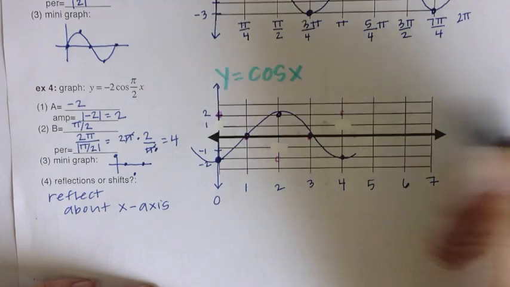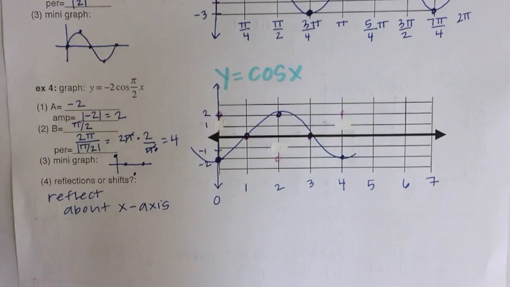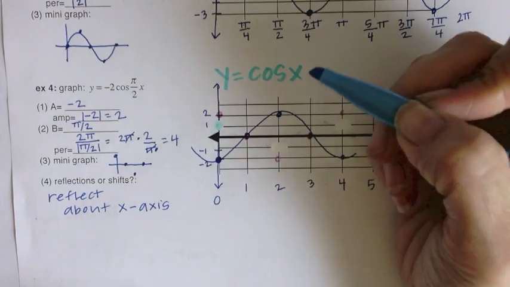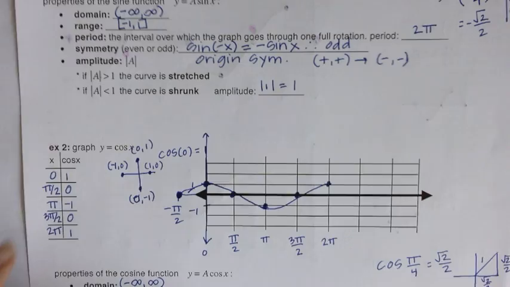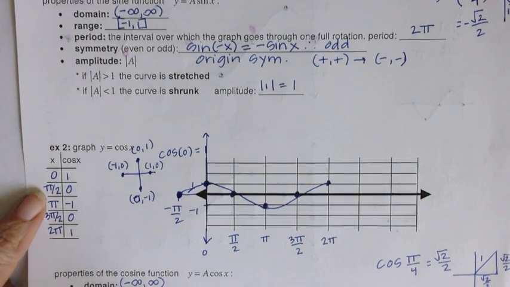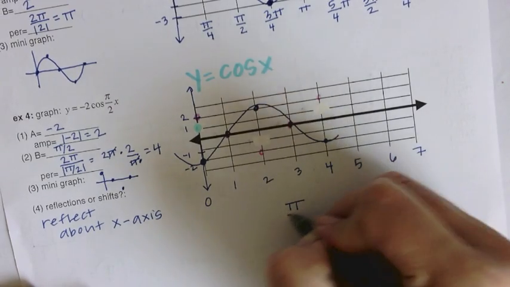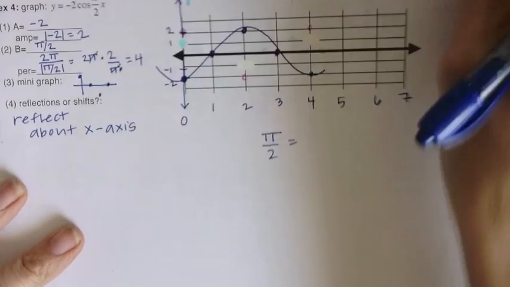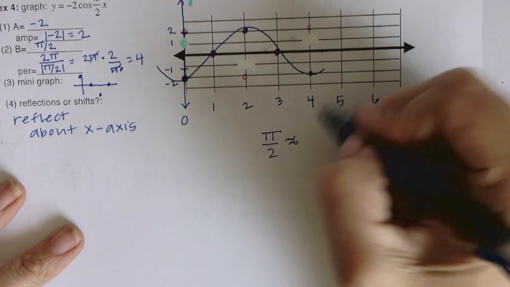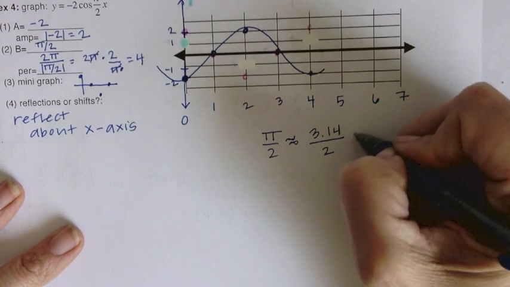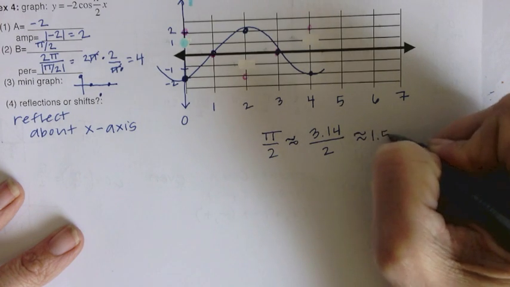But if this was just cosine x, it's going to start at 1. So it is going to be here. But remember, then it goes to 0 at pi over 2. Well, pi over 2 is approximately 3.14 divided by 2, which is approximately 1.57.